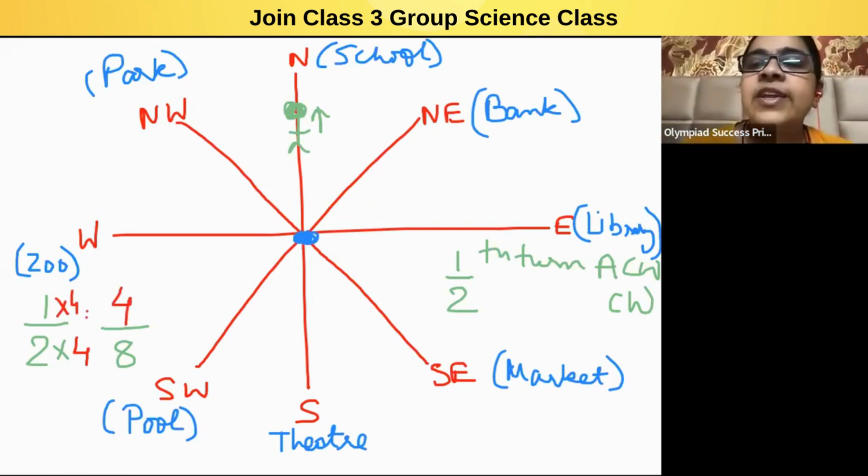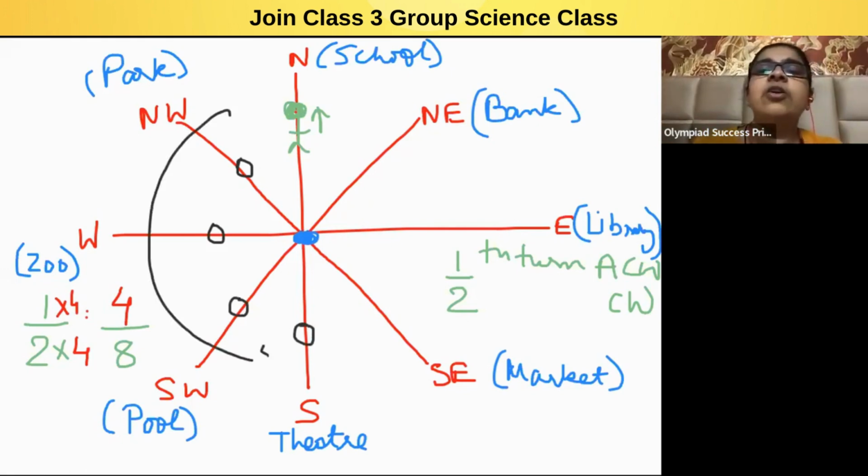Now look at this very carefully. Place number 1, place number 2, place number 3, place number 4. So if you travel in the anti-clockwise direction also, you will reach the theater. If you are following the clockwise direction, place number 1, place number 2, place number 3, place number 4, you will still reach the theater.